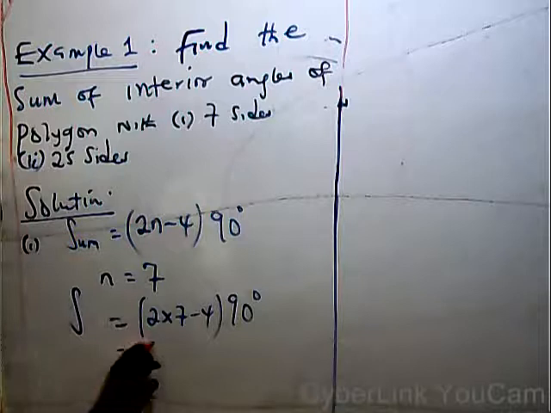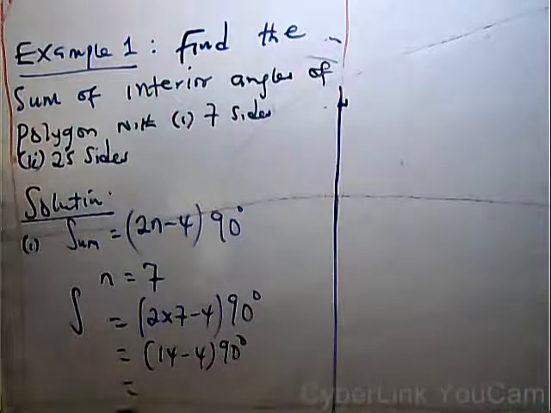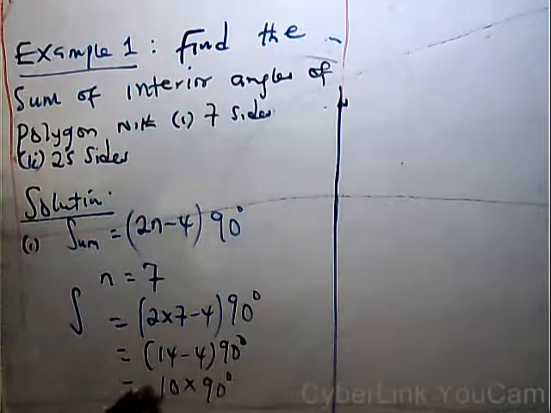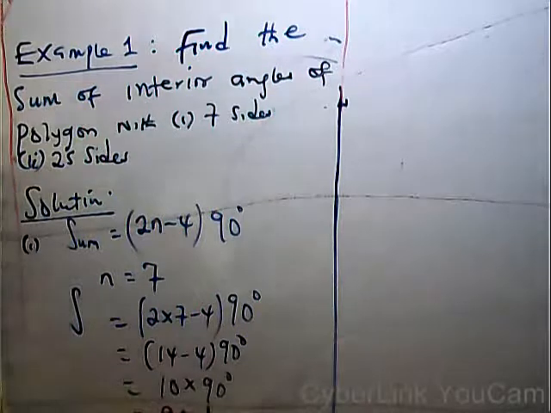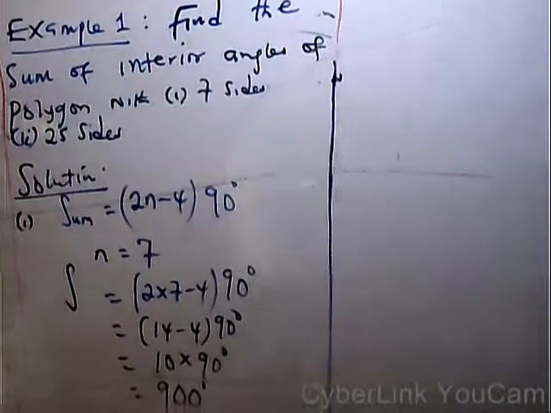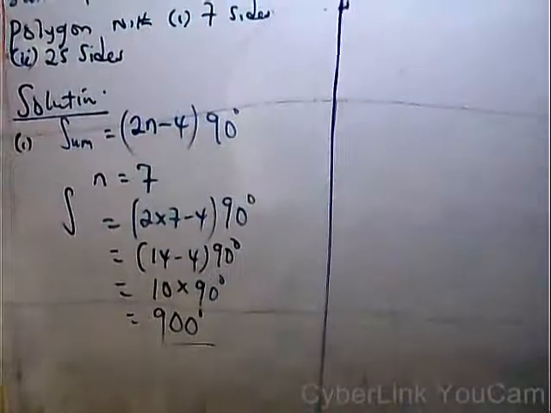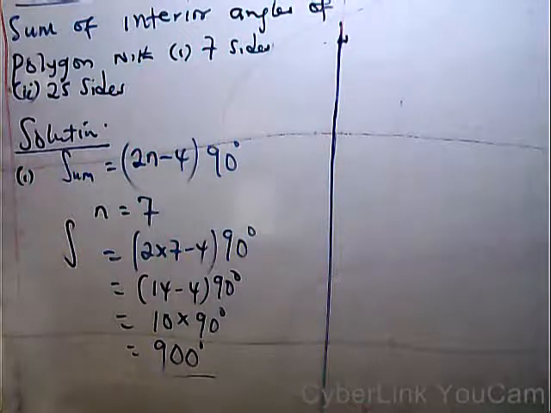So we have 14 minus 4, which is 10, multiplied by 90 degrees. The answer is 900 degrees. So for the polygon of 7 sides, the sum of the angles is 900 degrees.